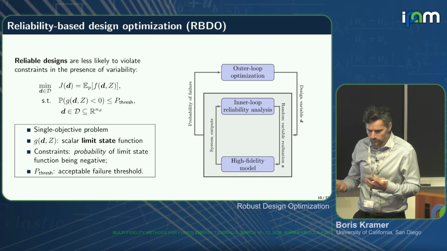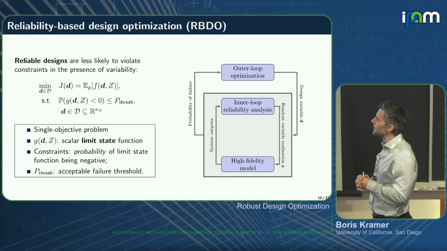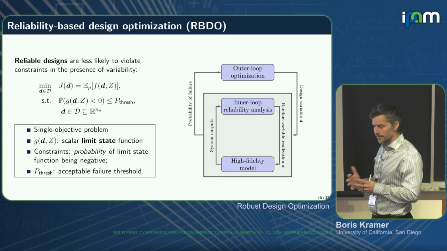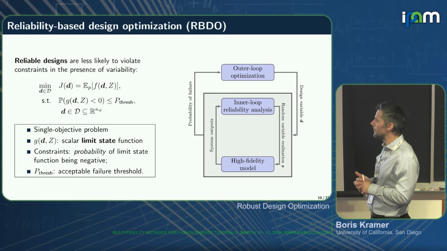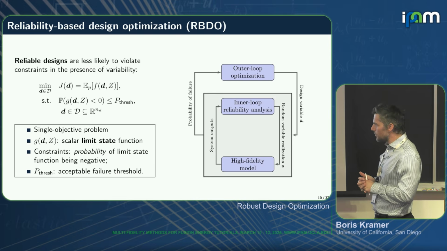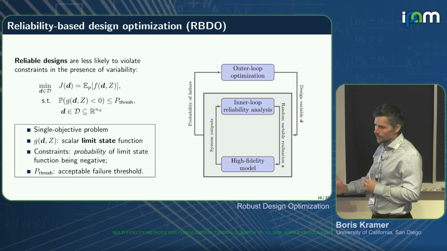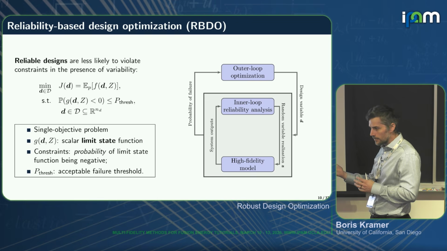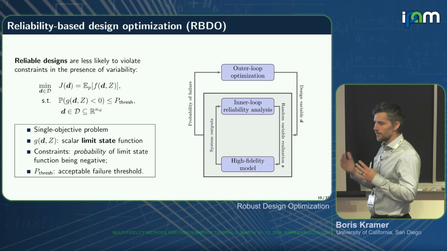Before it was just an arbitrary constraint, and now in that literature it's called a limit state, and it's usually a scalar function, and it defines what you call the limit the system should hit, and everything above that would be failure, everything below that would be success.